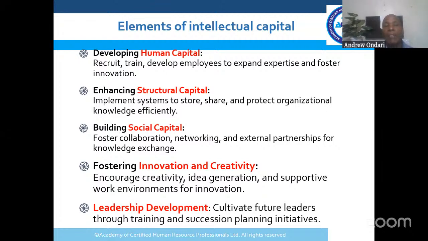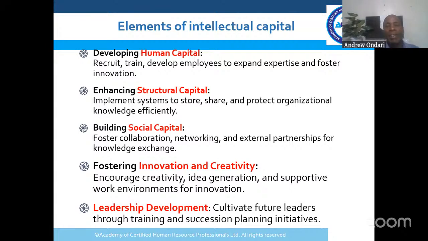In this way, we are likely to achieve organizational goals and objectives because by developing this human capital, we get to reduce the cost of operations, increase our revenues, and also increase our profits.